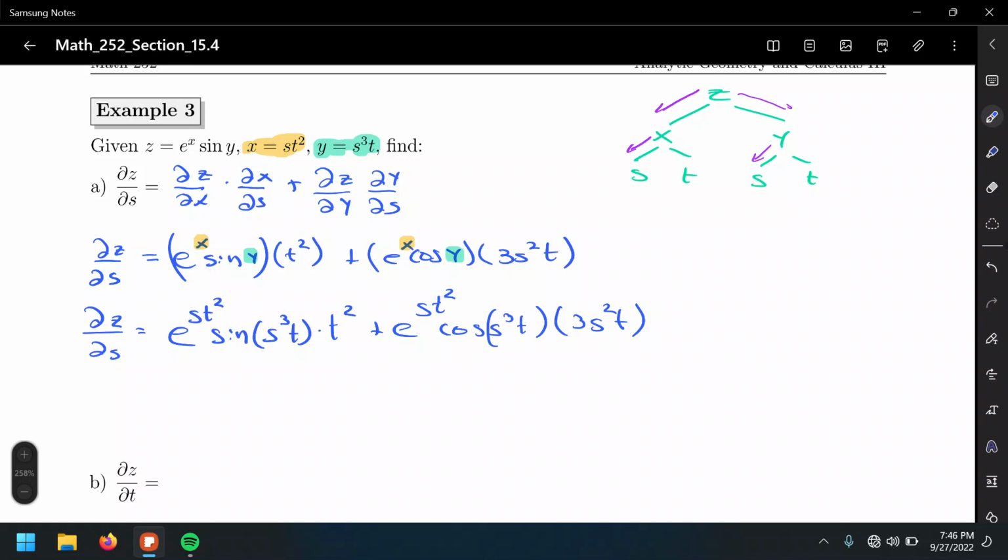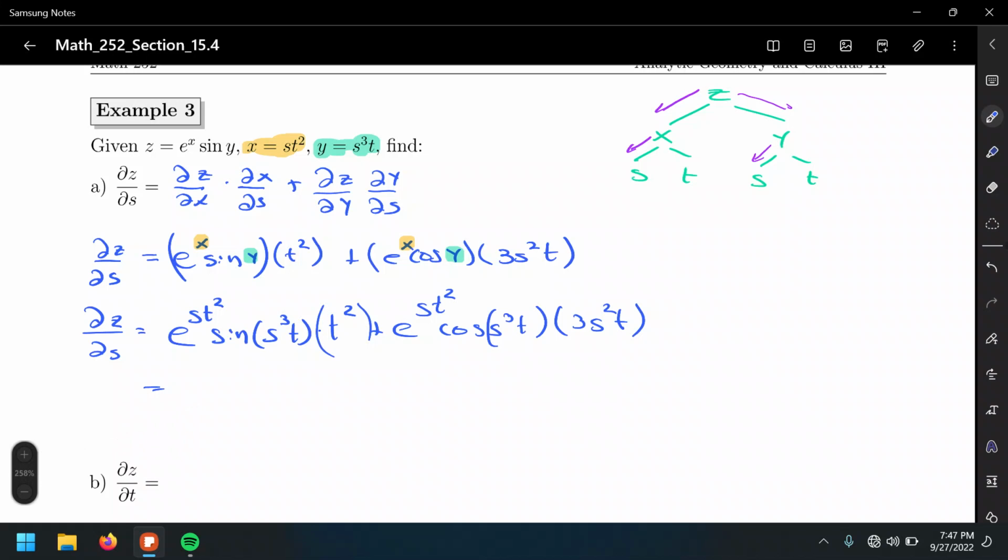And while there's really not that much to simplify, all I would do is just clear these parentheses right here, put this st in front of the exponential. There's really not that much.